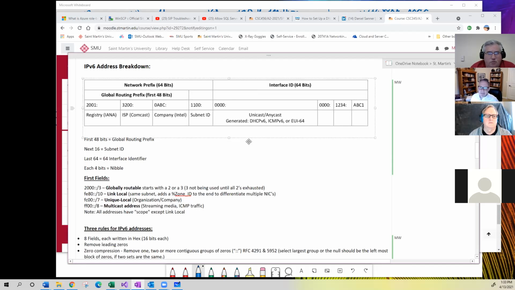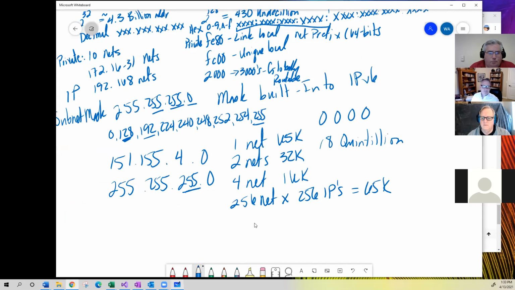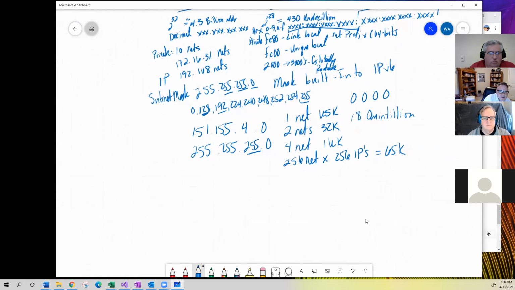Yep. And the same thing applies. You can use dynamic host configuration protocol. Where you had DHCP over here, you have DHCP version 6.